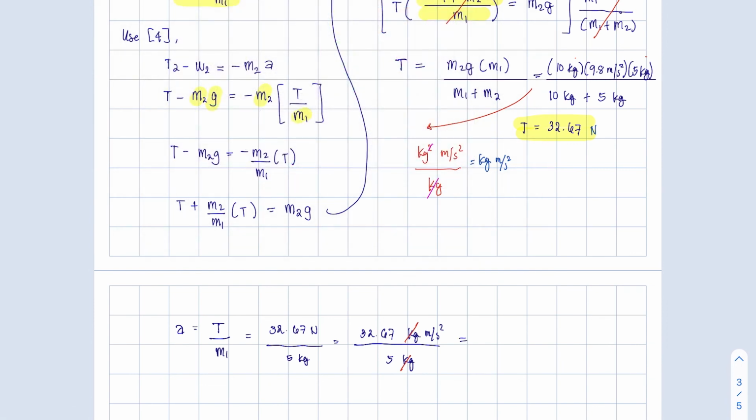And I keep on emphasizing this one because this will be very helpful for you, because sometimes you will get the wrong units. Therefore, that's telling you that you may have forgotten something somewhere, or your equation is wrong, or you input the wrong values. So that will give you an acceleration with a magnitude of 6.534 meters per second squared.